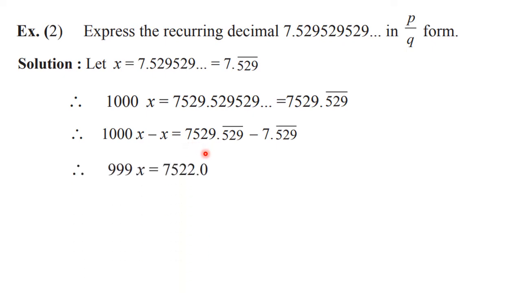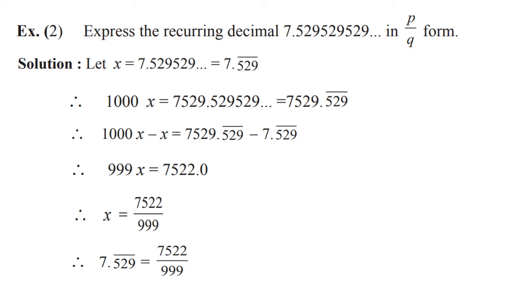What we will get? 999x is equal to 7522. And then the value of x will be, obviously we have to take this 999 in the denominator. So x is equal to 7522 divided by 999. And therefore we can write down then that 7.529 recurring is same as 7522 divided by 999. Okay. So these were the solved examples.